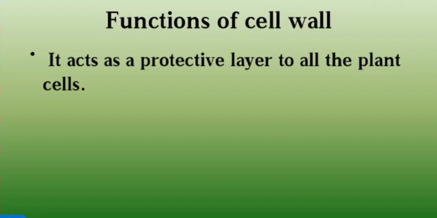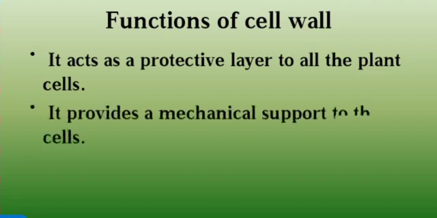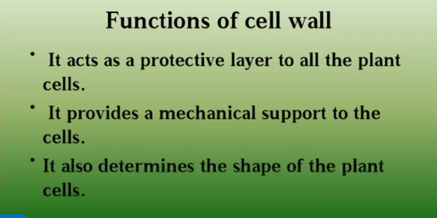Then it provides mechanical support to the cells, so it gives mechanical strength to the plants. It also determines the shape of the plant cells. Based on the cell wall, it gives a shape to the plant cells.